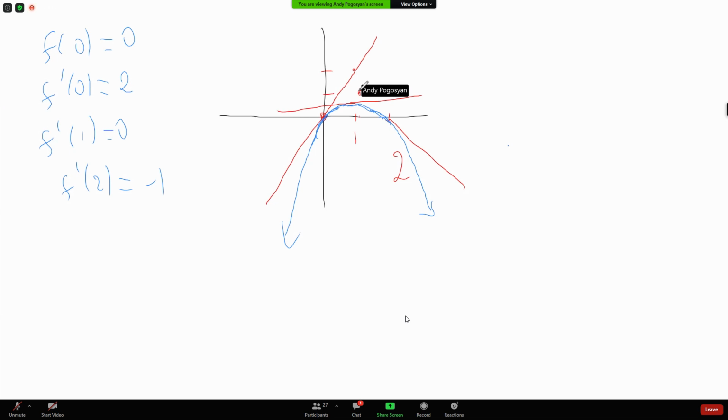Draw the line. And the horizontal, we can shift it up and down because it's not fixed, so we can have it anywhere we want. But at 2, the graph should touch it, and the slope should be passing from here.